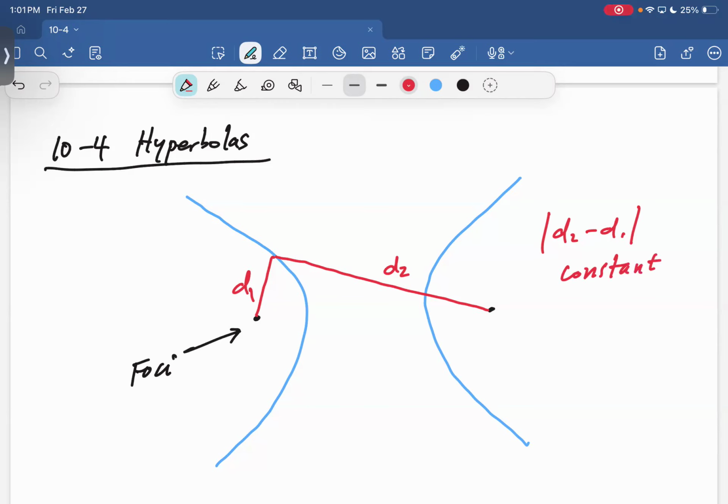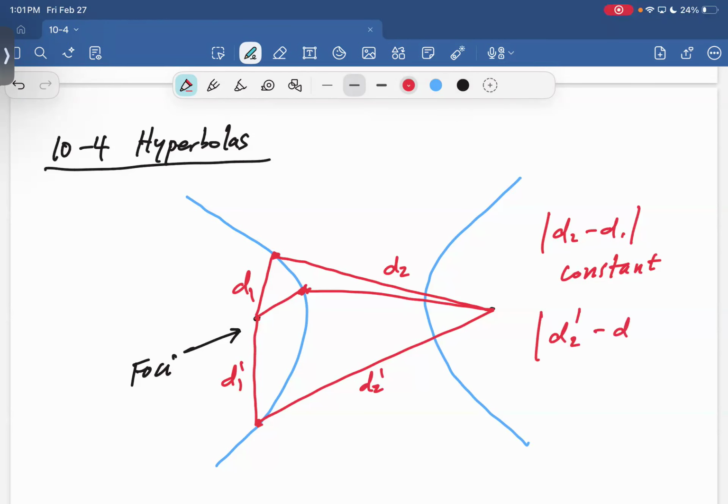Okay, so for example, d2 minus d1 must be equal to d2 minus d1 for every single other point on the hyperbola. Maybe you could also think about this point here. So that means d2 minus d1 has to be constant for every single point.